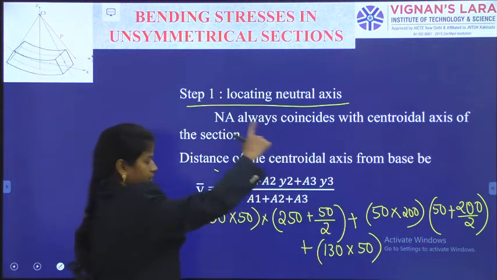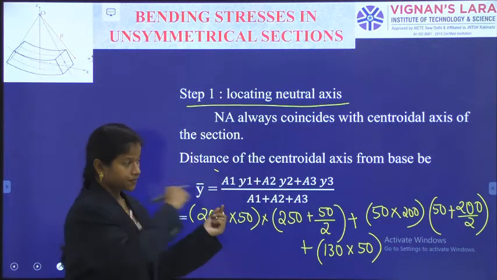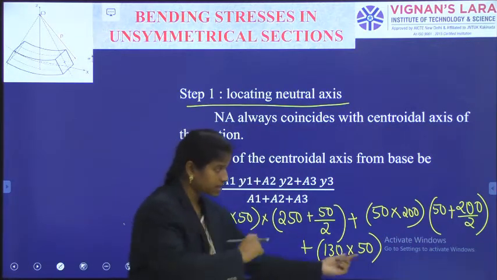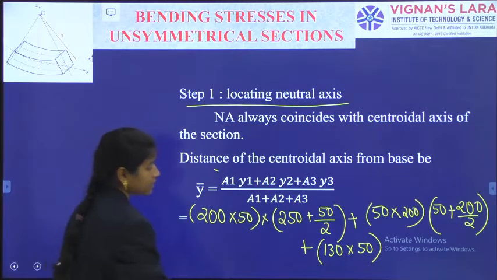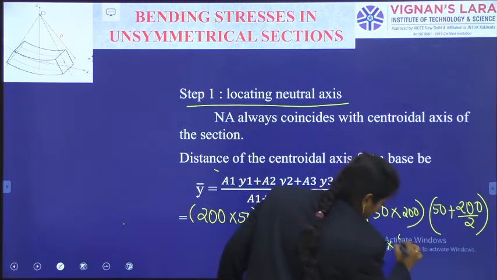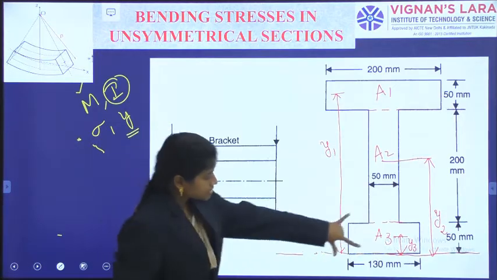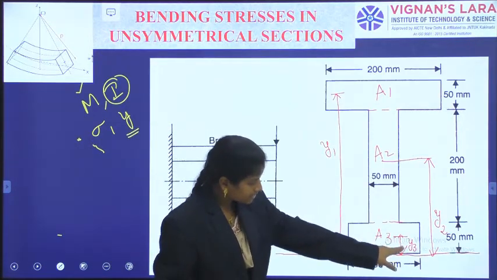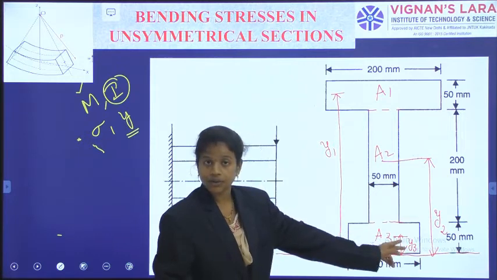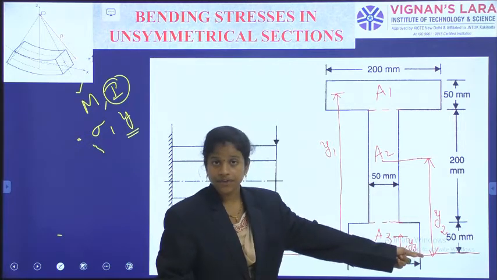So 200, 50, 50, 200 and then 130, 50 like that I have given. And it is multiplied with 50 by 2, because this 50 is at a distance of half of the 50 by 2. So Y3 is equal to 50 by 2.